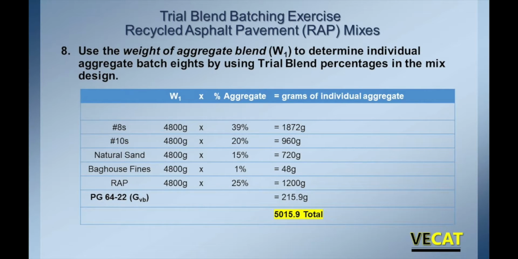And then we're going to add 215.9 grams of virgin AC to this blend. And again, that 1,200 grams does include 60 grams of asphalt. That's going to give you a total of 5,015.9 grams of material, which checks out against the total of what we calculated in the previous slide.